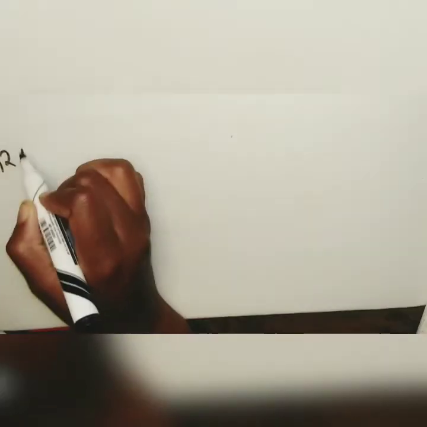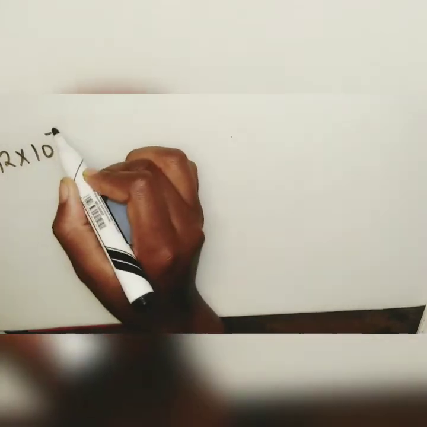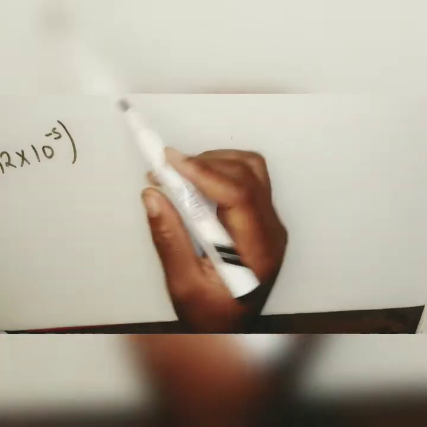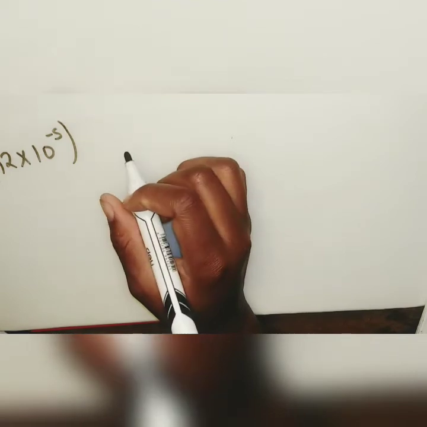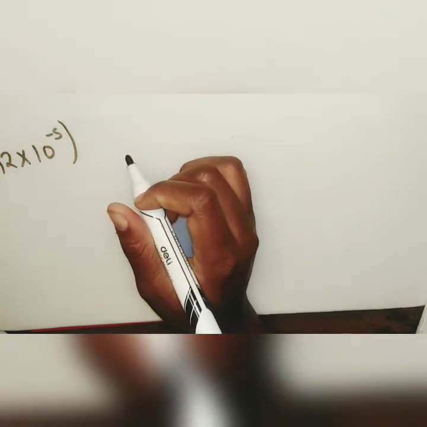And then our next question says 8.2 times 10 to the power minus 5. Oh, I'm repeating the same question. All right, we just did that one.